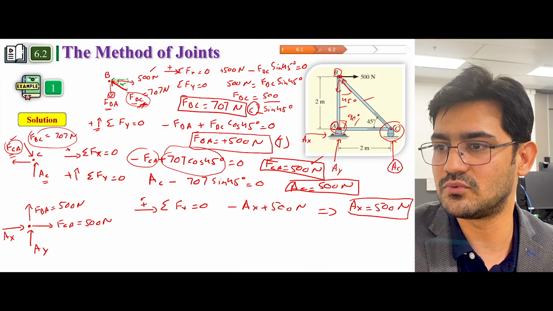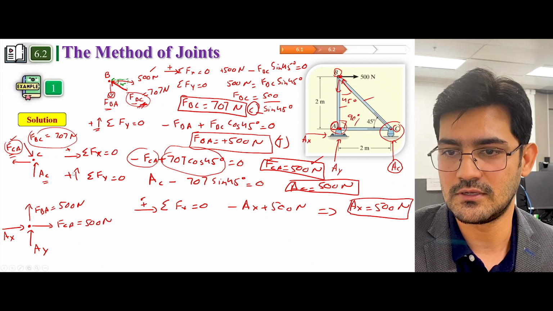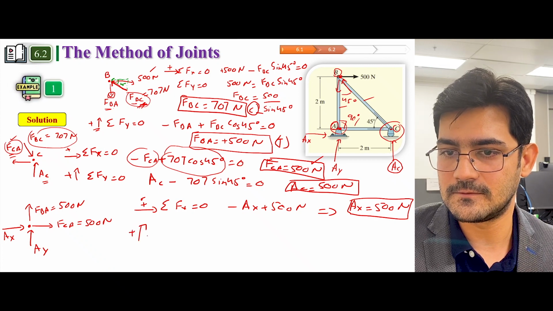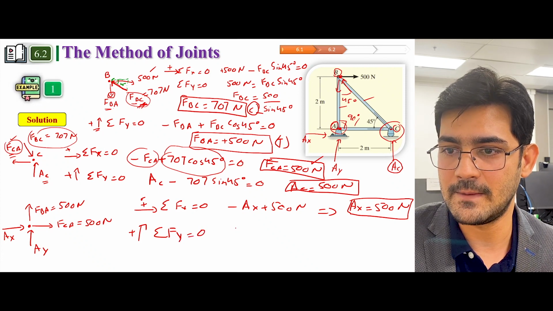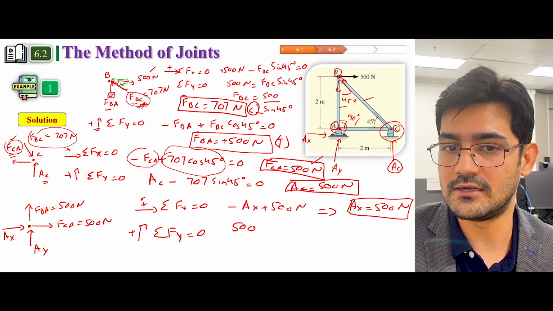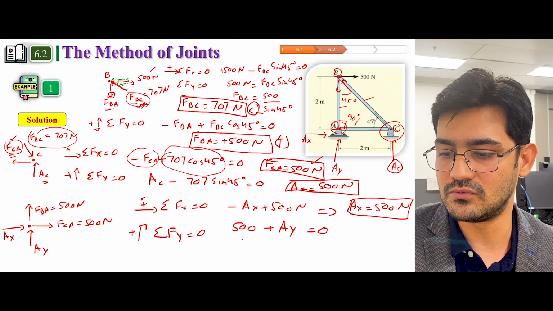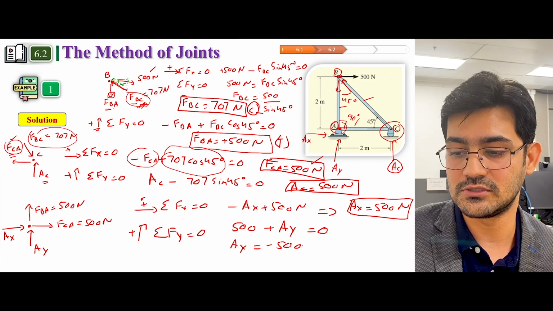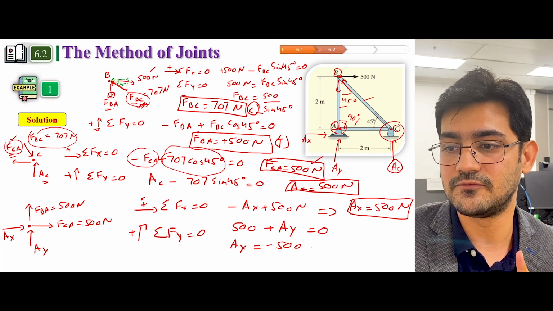It's positive, so it means whatever direction we assumed was correct. So we assumed this way, so it's this way. Now our summation of F of y would be equal to 0. How many forces are acting on y? F of BA, which is 500 upward positive, and A of y upward positive, equal to 0. So A of y comes out to be minus 500. It means whatever direction we assumed, upward, was incorrect.